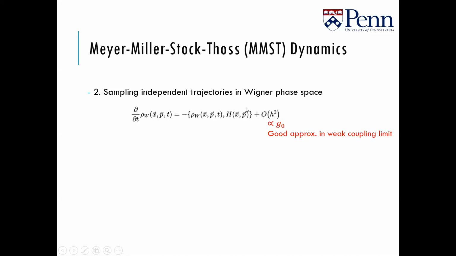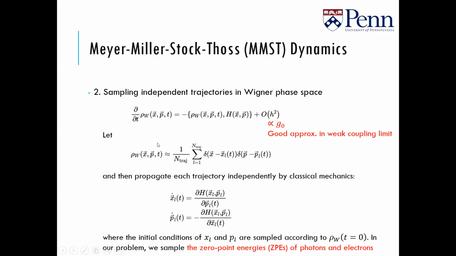If we ignore this term, we get the classical Liouville equation, and for the classical Liouville equation, we can express rho_W as a linear combination of different independent trajectories, so that each trajectory can be solved classically by classical mechanics.